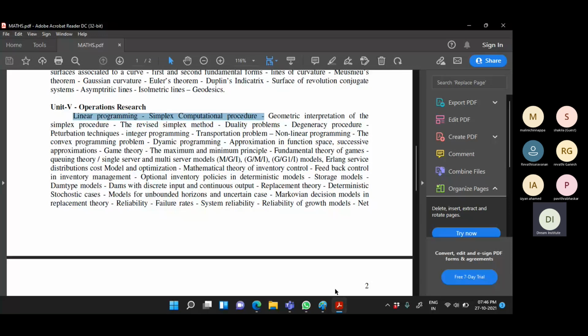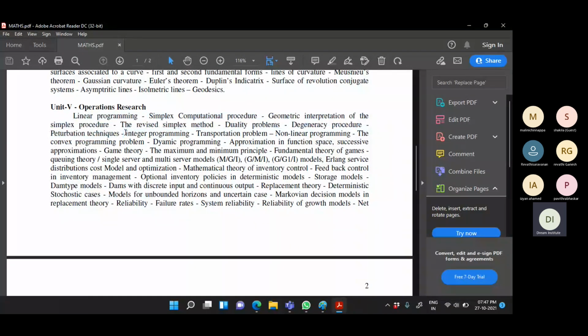I will tell you clearly what the procedures are, no problem. Geometric interpretation of simplex procedure, same as that, where we do not get answers. Again revised simplex, duality, degeneracy procedure, perturbation techniques, integer programming. So up to this, this is the first part. Up to this one is the first part, and after that integer programming problem, non-integer programming problem, non-linear problem, transportation problem, assignment problem.